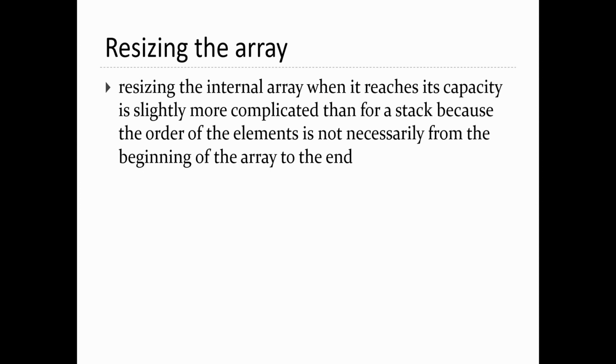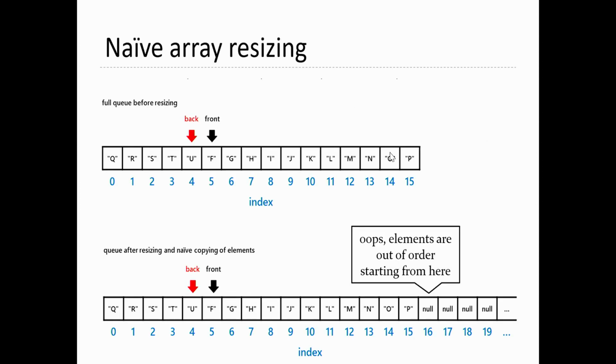With the queue, it's different. Because with the queue, the back of the queue is not necessarily the back of the array. So for example, here's my full queue. The front element is the F and the back element is the U. So the naive way of doing this is to use arrays.copy and just copy this array into a bigger array.